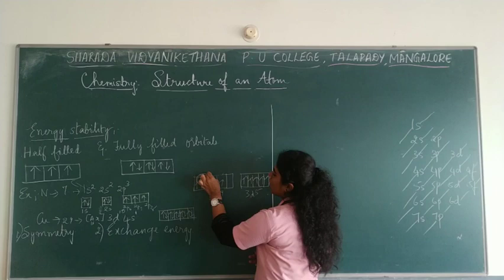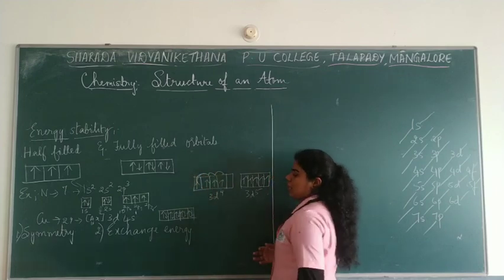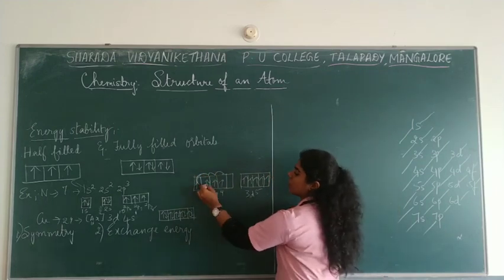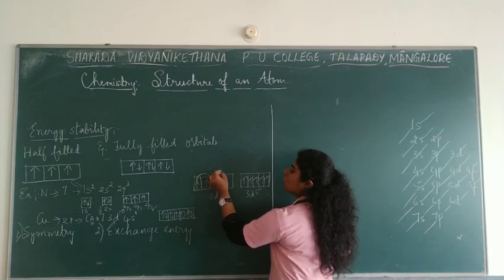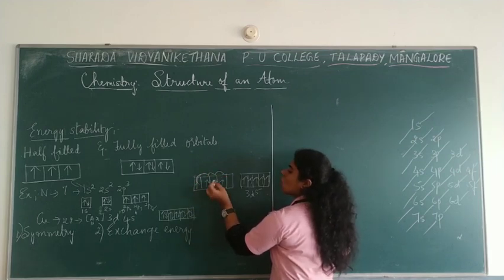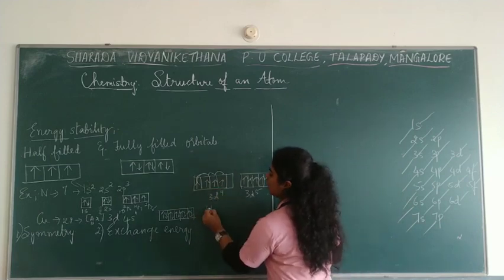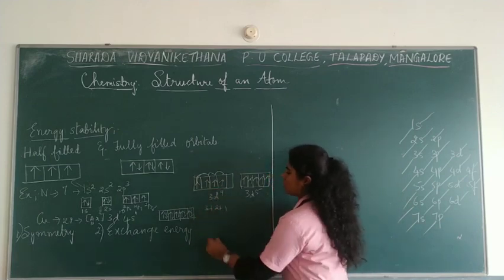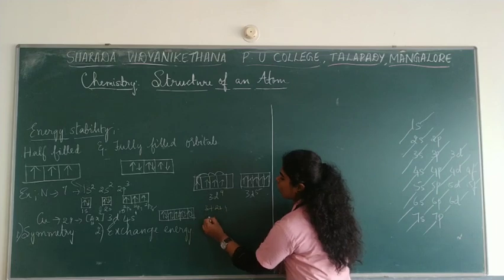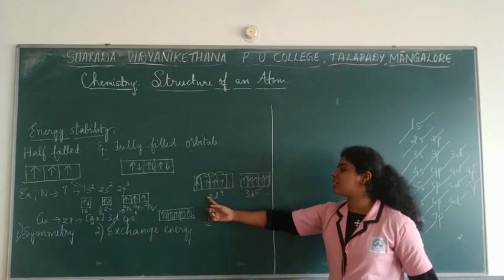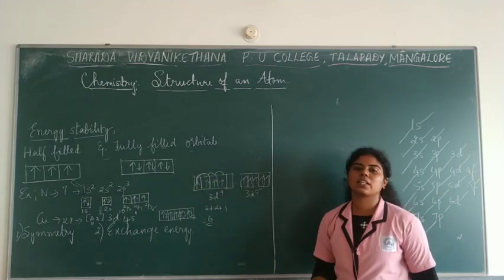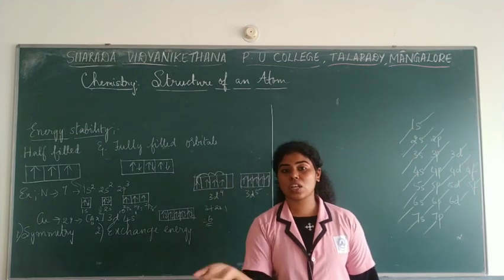It can come here, 2, 3. Correct? And this orbital has how many ways? 1, 2. Then this orbital has only 1 way. So here it was like 3 plus 2 plus 1. So how many ways in total? 3 plus 2 plus 1, 6 ways are possible for the electrons present in these orbitals so that they can exchange their positions.